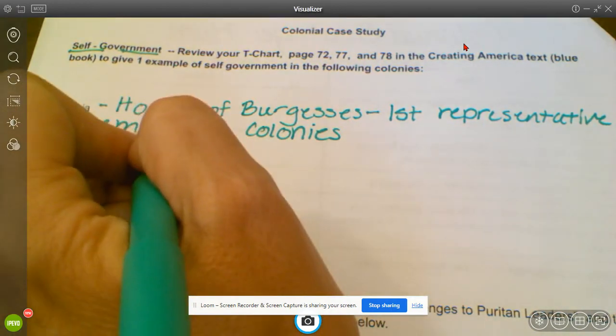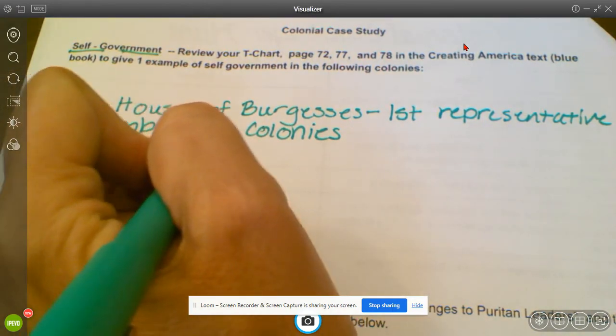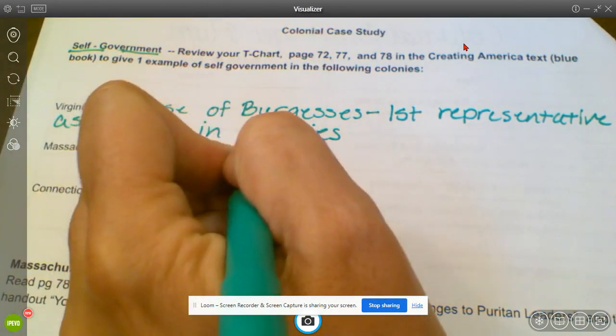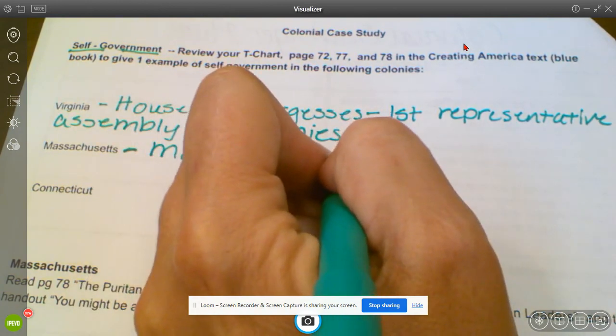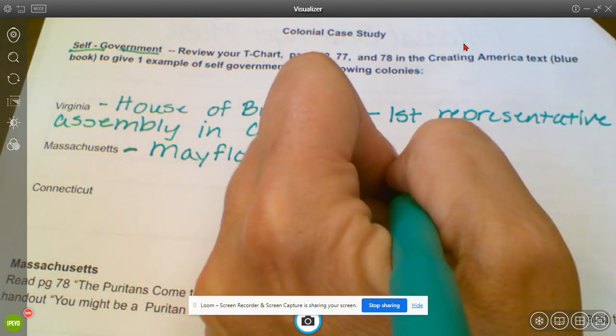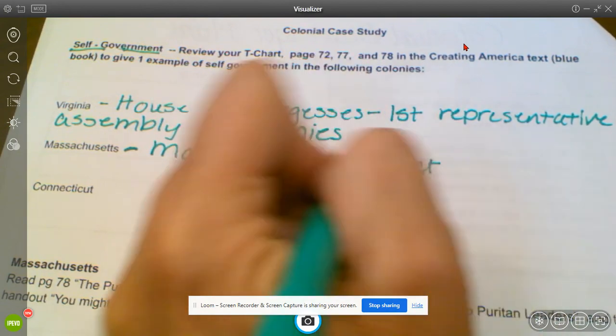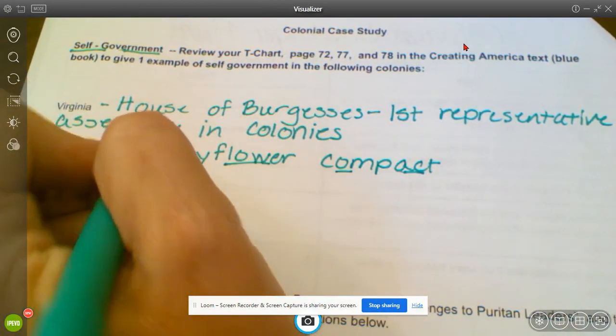In Massachusetts, of course, our example is the Mayflower Compact. And this one's a little different than the House of Burgesses because it is a document.